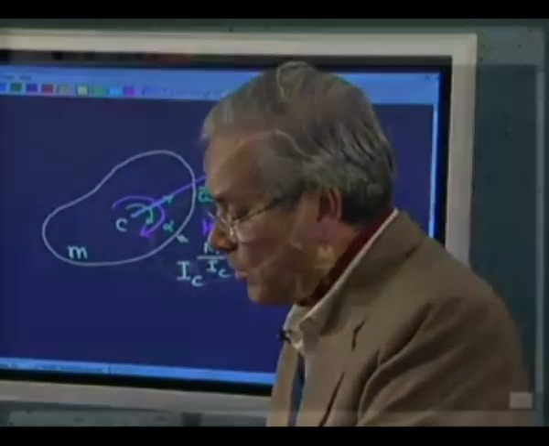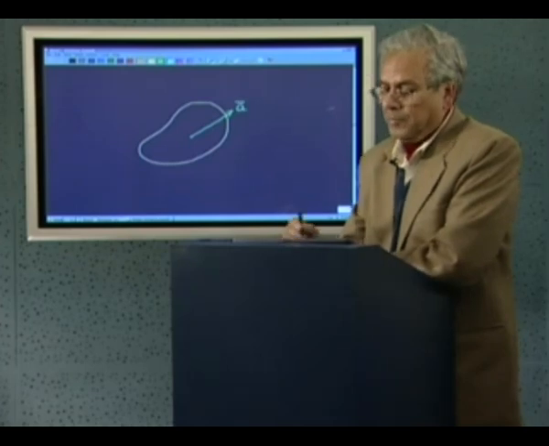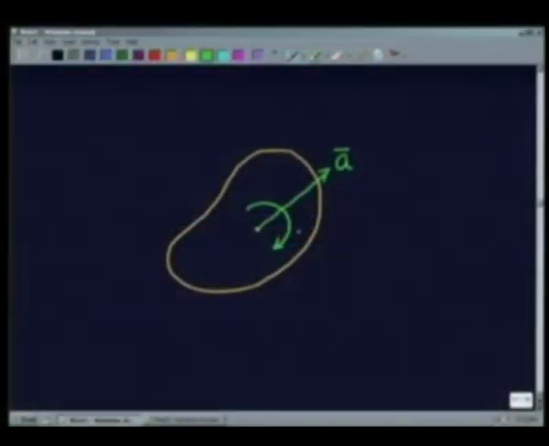So what we are doing is that the motion of this rigid body is being described as the acceleration of the center of mass and the angular acceleration about an axis passing through the center of mass, which we call C.